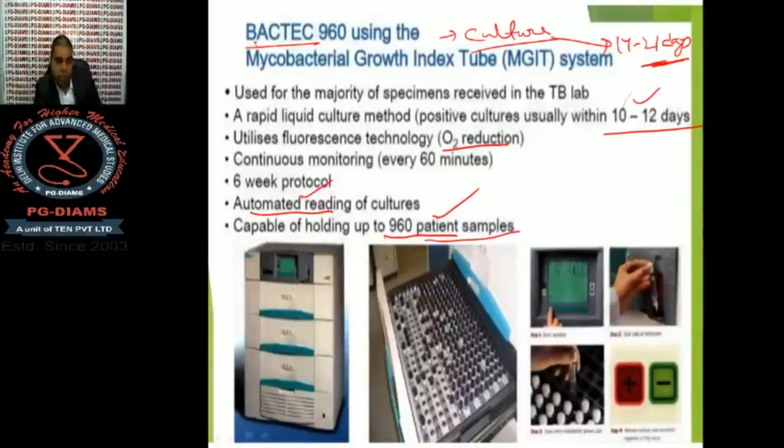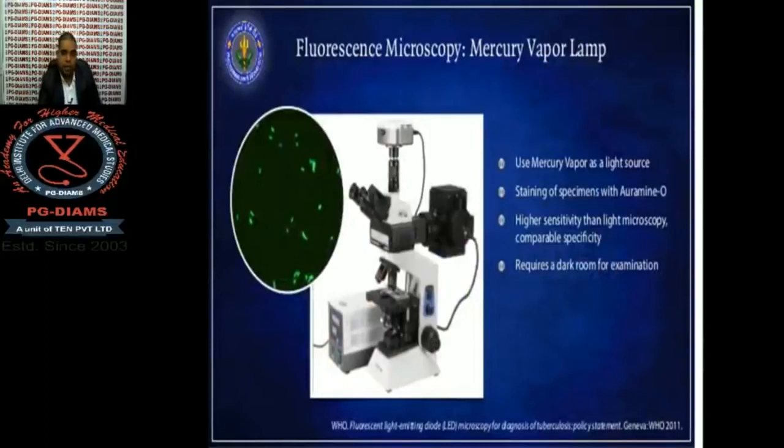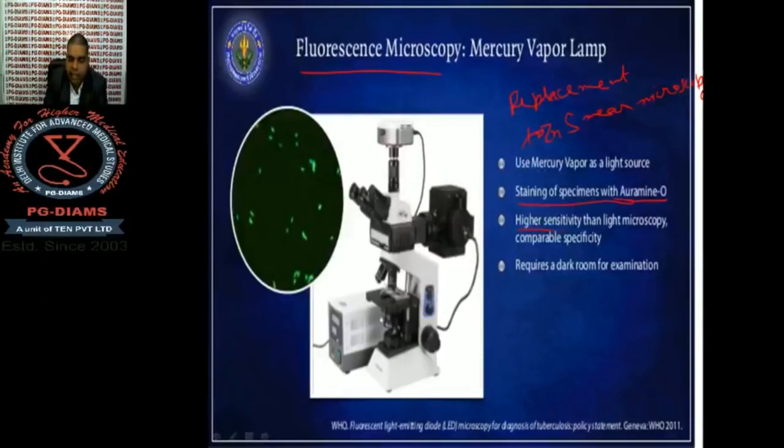Now the fourth is fluorescent microscopy. Fluorescent microscopy is done again as a replacement to ZN smear microscopy, okay? And it is better. Why is it better? Because staining is done with the help of auramine O, and it has higher sensitivity than light microscopy.